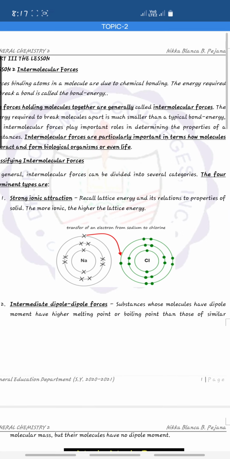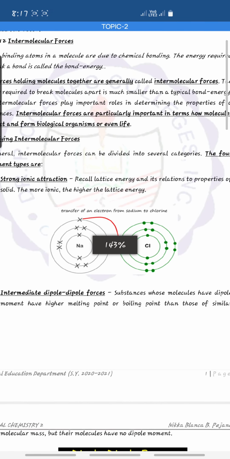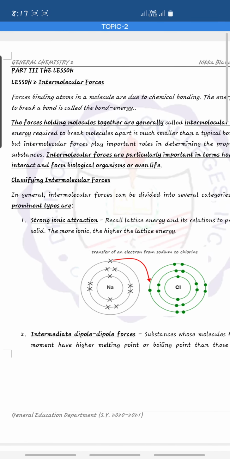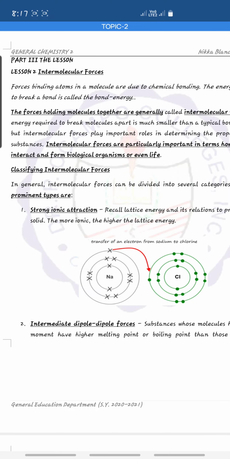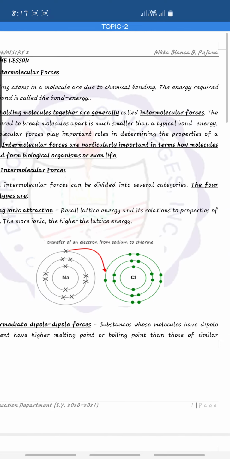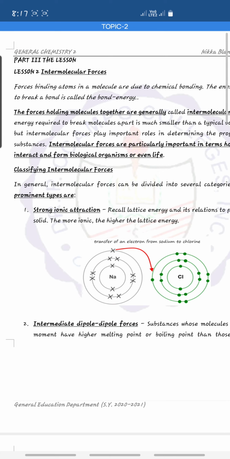Let's zoom out this one. It says that forces binding atoms in a molecule are due to chemical bonding. The energy required to break a bond is called the bond energy.